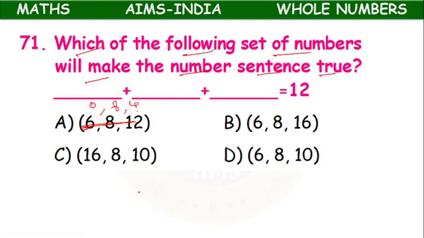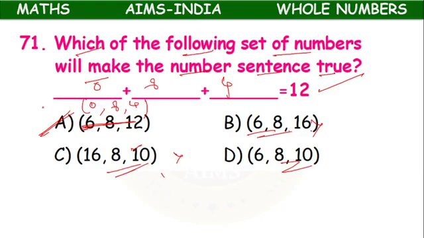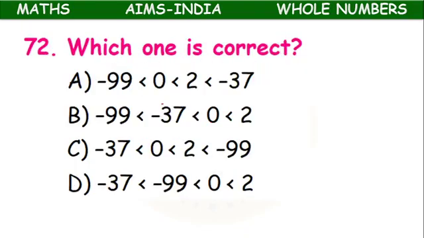So then 0 plus 8 plus 4 equals 12. A option will be the correct answer. B option wrong, C wrong, D wrong. So only A option is the correct option, but change the option as 0, 8, 4.